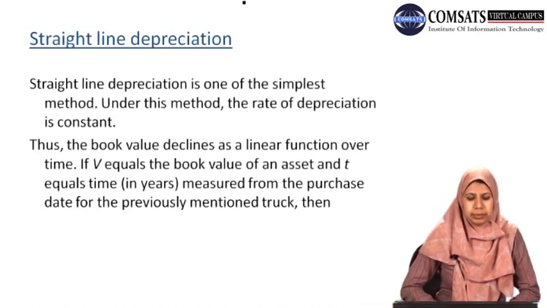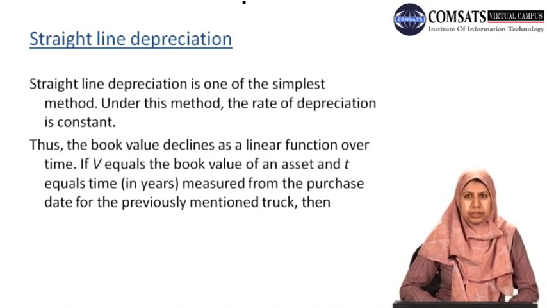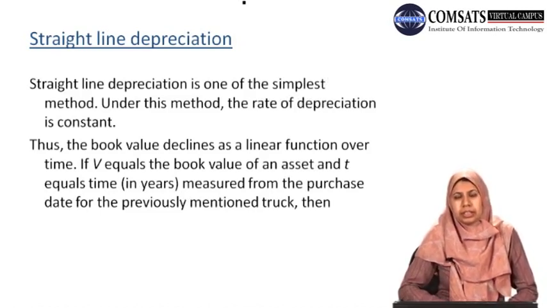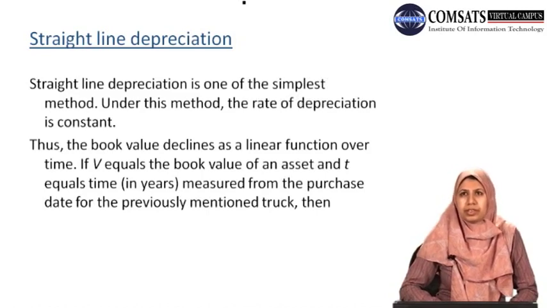What is straight line depreciation? Now straight line depreciation is one of the simplest methods, and under this method the rate of depreciation is constant, which means that the decrease in the amount of an asset in every year will be the same as in the case of the example of a truck purchased.